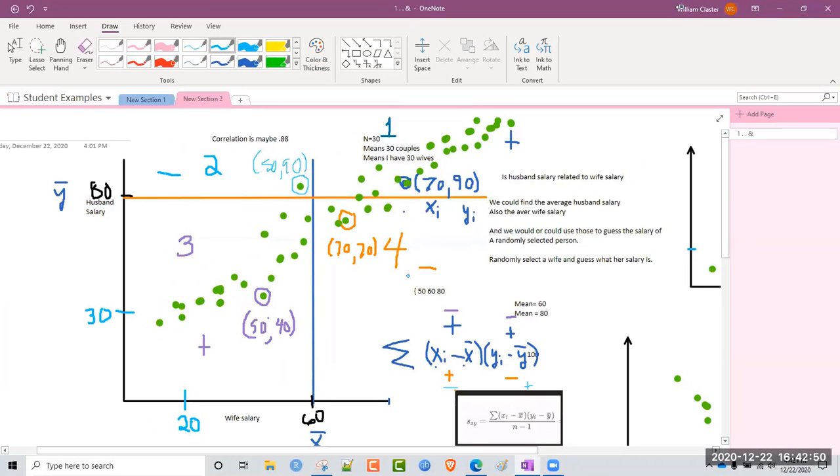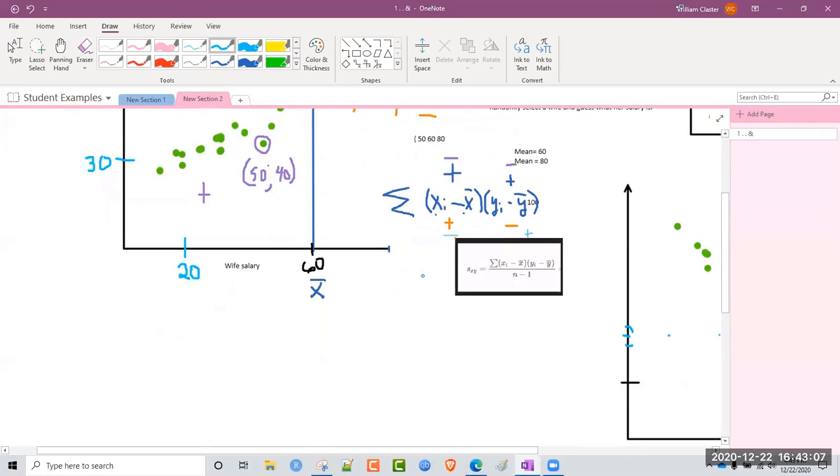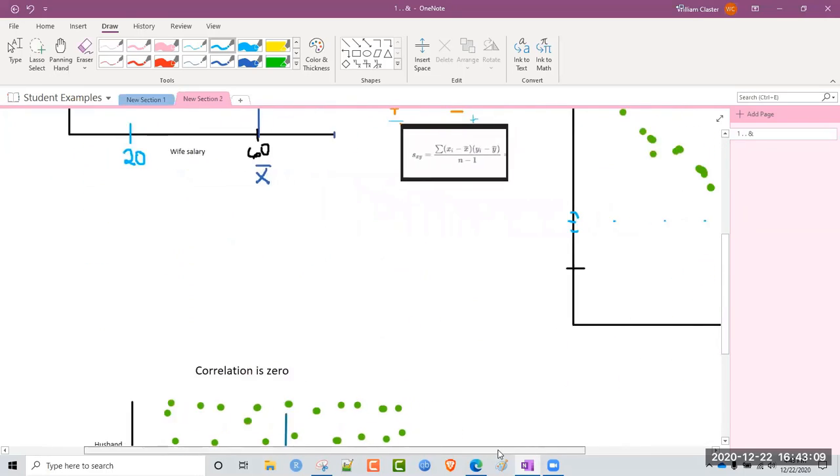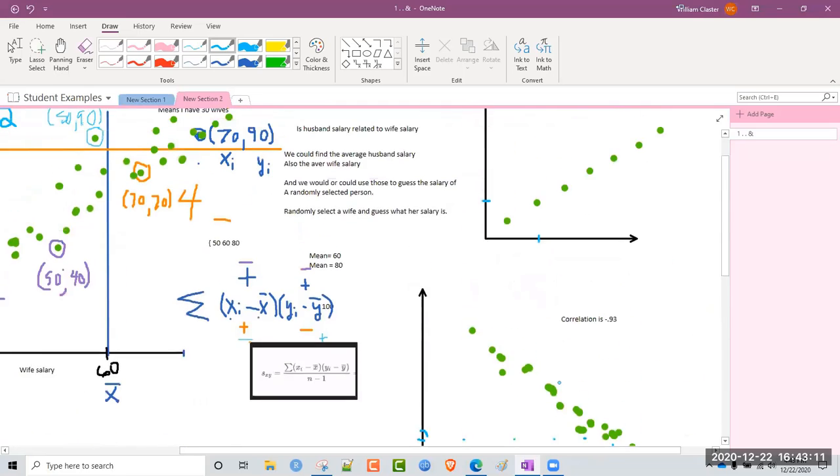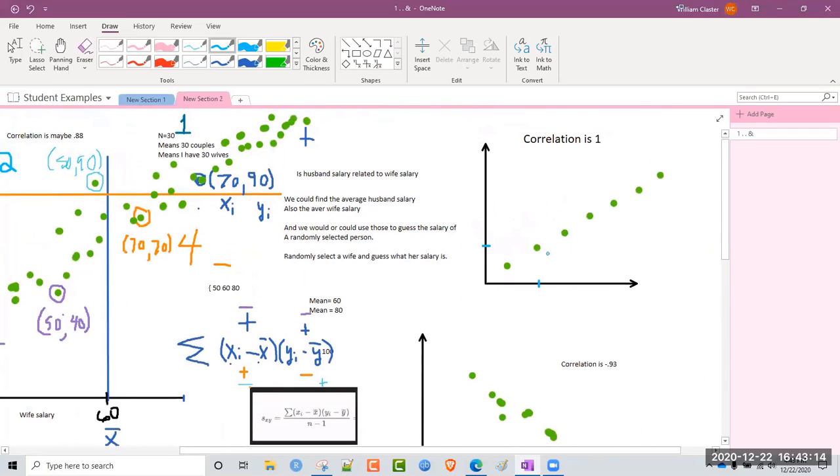Okay, so with all of that, we see in here we're going to get positive, here we're going to get a negative contribution, dots in here are going to give us a positive contribution, and dots in here are going to give us a negative contribution. So what about if we had this picture like this? Well, if we drew these lines here, where are these dots?